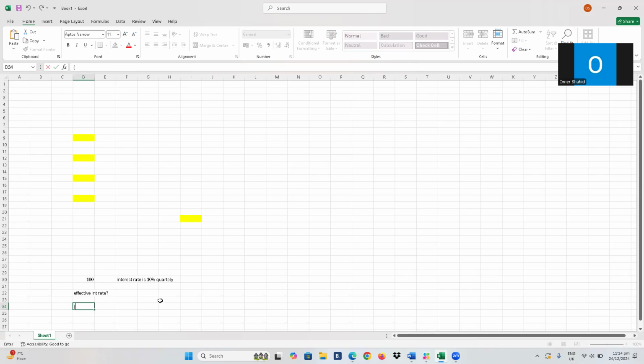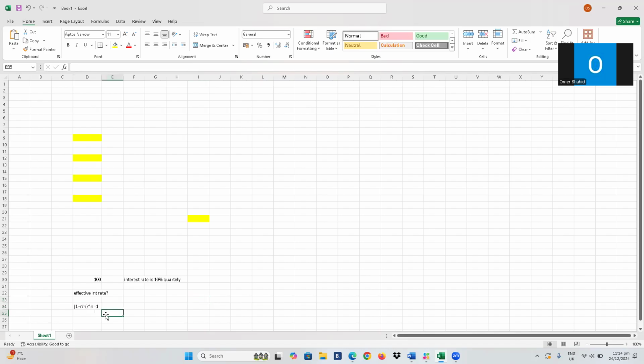Our formula is (1 plus r divided by n), bracket close, to the power n, minus 1. That's our formula. We need to calculate the effective interest rate through this formula. Now, r is our interest rate, given in the question.